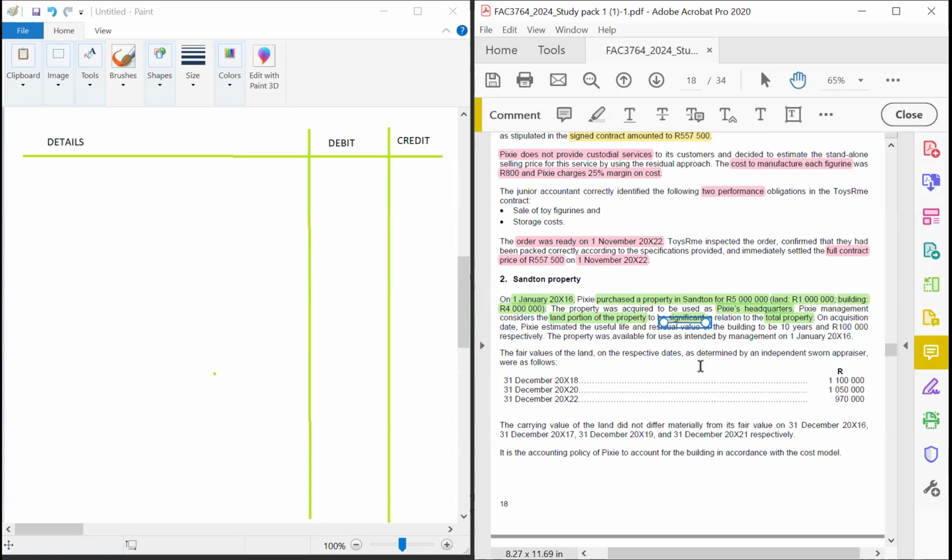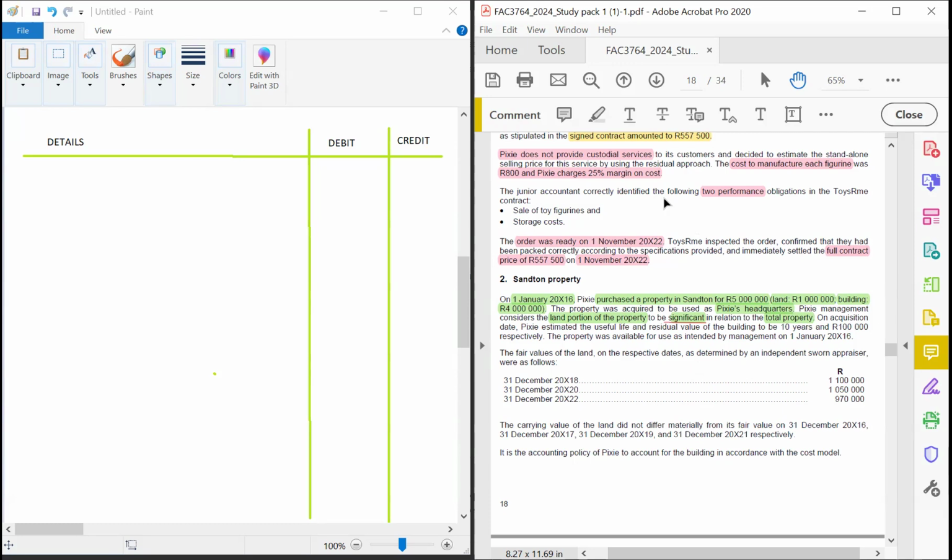If something is significant, you are going to account for it separately. You are going to recognize it separately and measure it separately. This significant is not here for entertainment purposes. It is to guide you that this land is going to be recognized separately from the building.